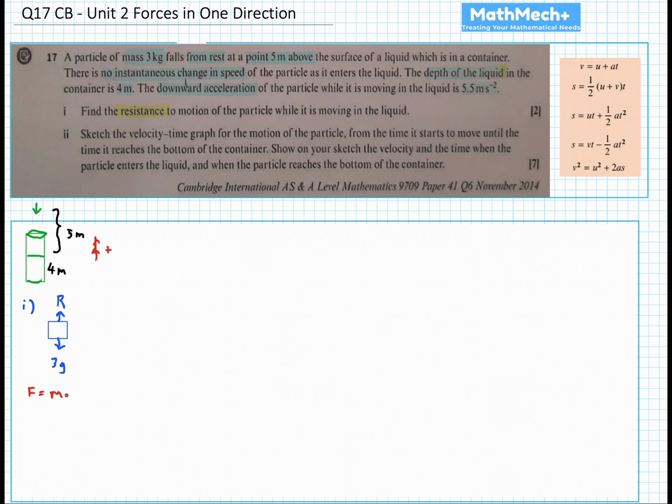So our equation of motion is F equals ma, and that's 3g minus R, and it's equal to mass times the acceleration, which is all given. So from here, plug in your details to find R. So 3g in this case would be 30.